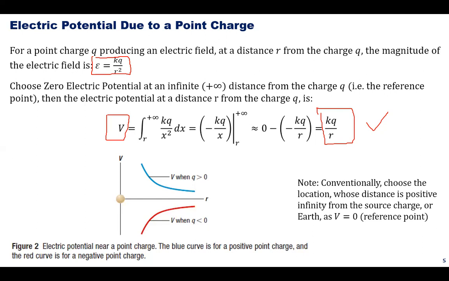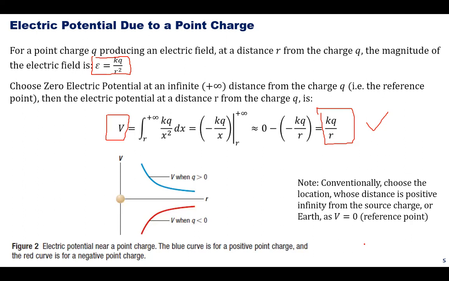So note that conventionally, we choose the location whose distance is positive infinity from the source charge or Earth as the reference point where the electric potential equals 0, which is also called the reference point. This is very similar to how we calculate the gravitational potential, right?